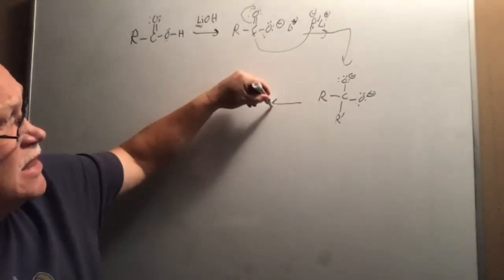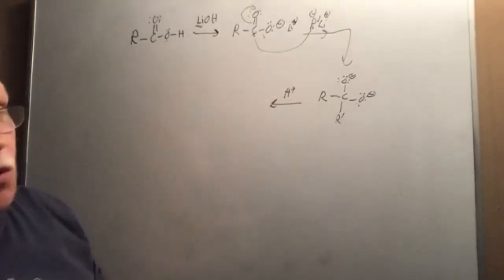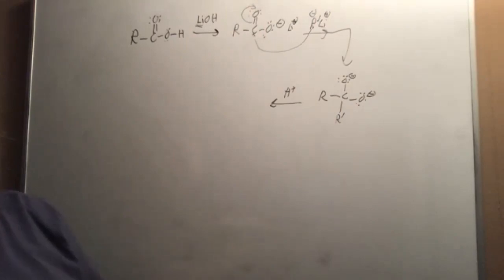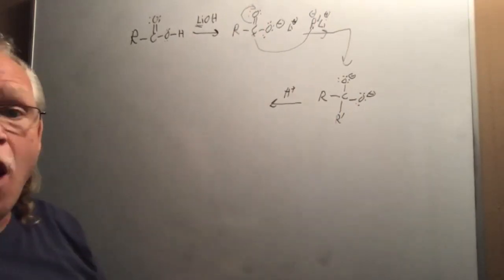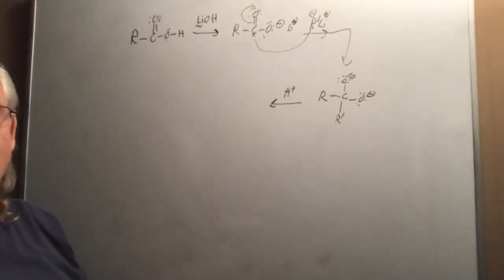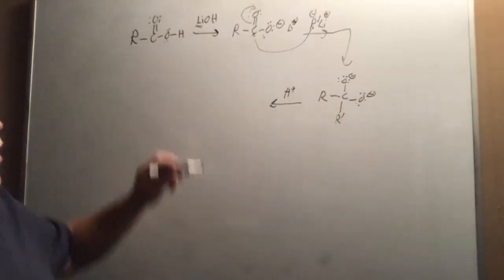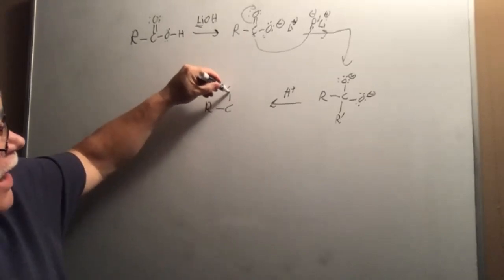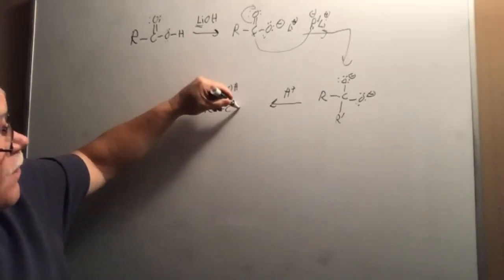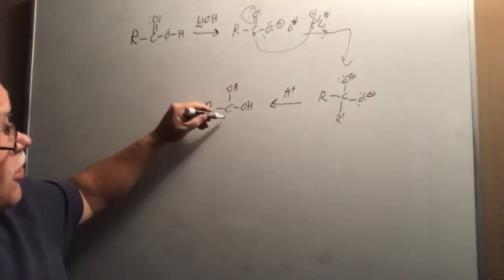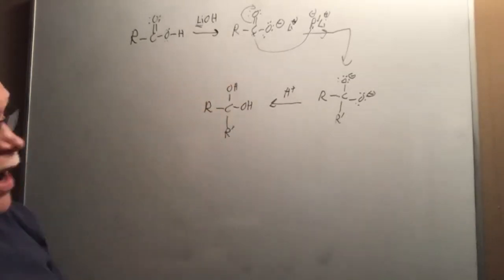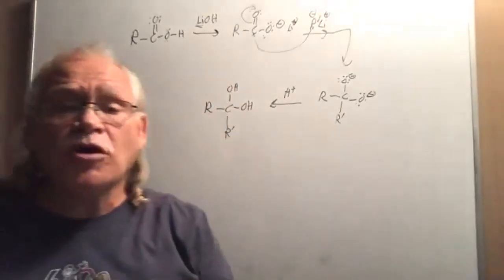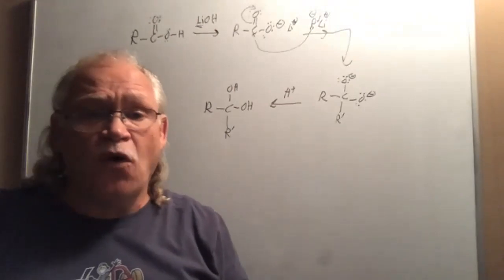Now if we acidify that, so we're just going to add some acid, we could simply add water. That would be a strong enough acid to do this. Notice what I get out of this. I get an OH attached here, an OH attached here, and the R prime. And we've talked about this several times before.